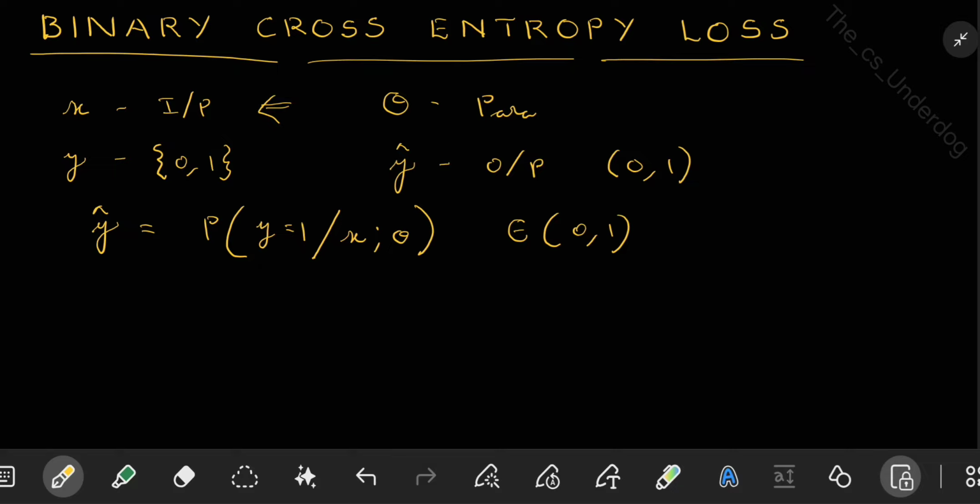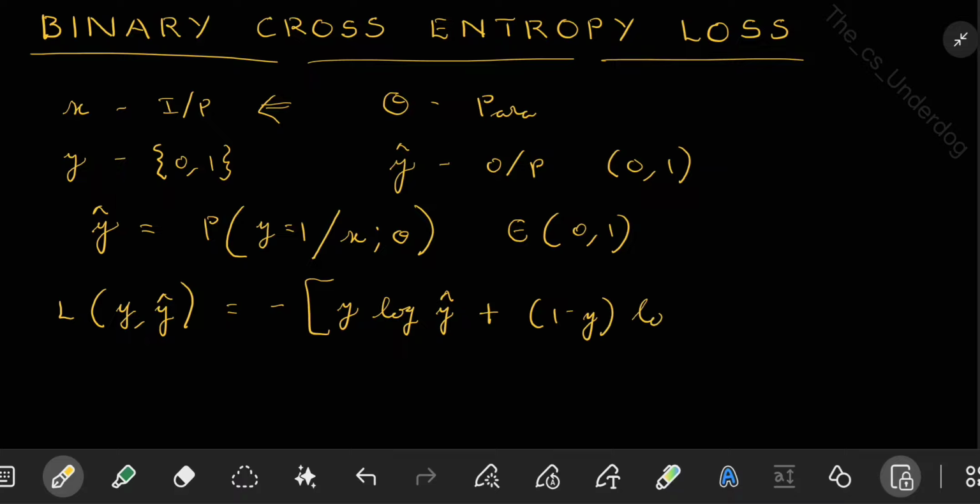So considering a single training example in which you have input x, I am going to write the likelihood of y cap. This I can write as minus of, as of now just see the formula, I'll explain later, minus of y log y cap plus 1 minus y log 1 minus y cap. So this is the formula for binary cross entropy loss.